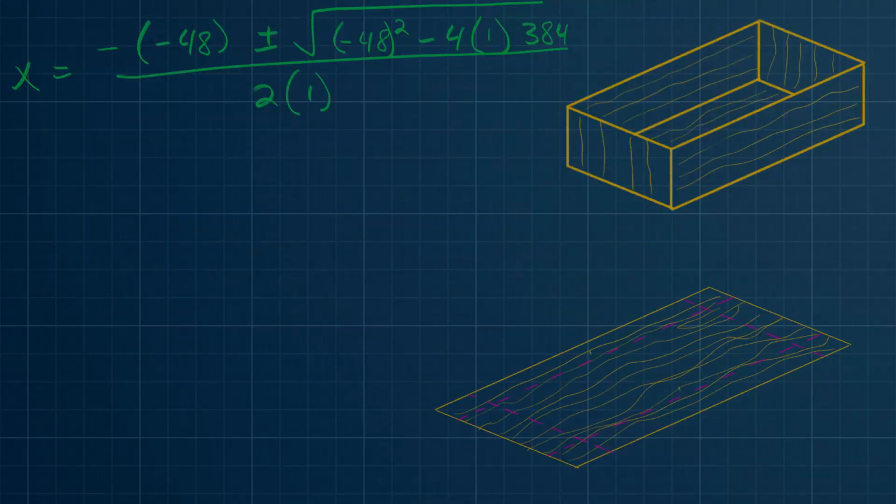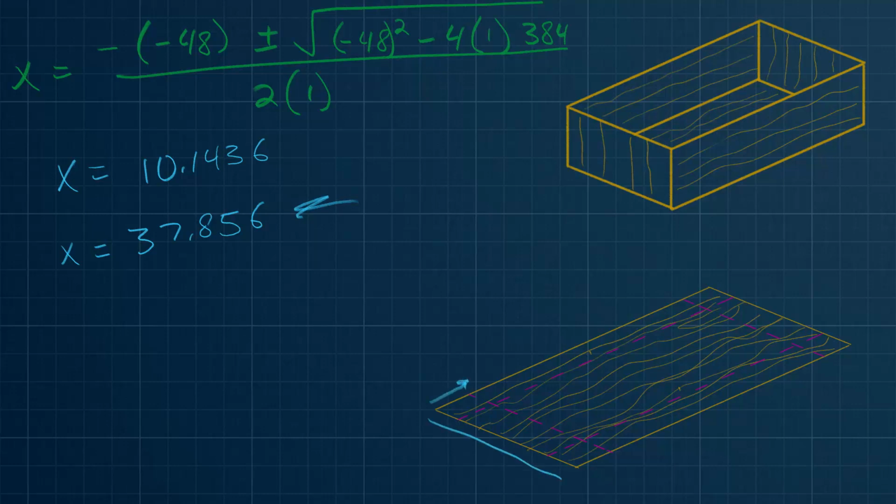When we plug this monster into our calculator, we get two values of x. First value is 10.1436. The second value is 37.856. So which one of these two makes sense? If we pick the second one, x is measured this distance away from the edge.